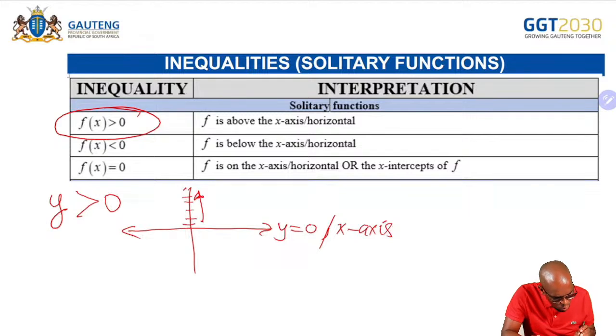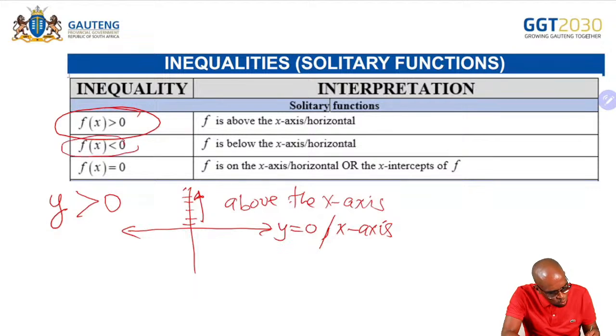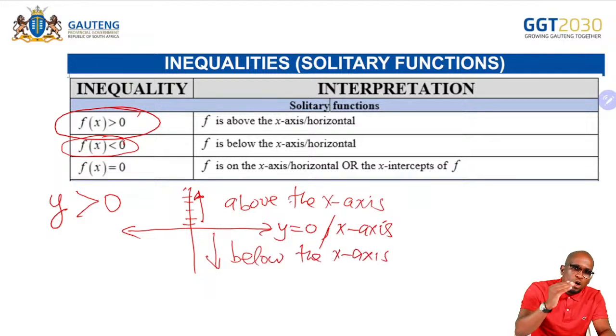So what is this region? It is the region above the x-axis. Where is y less than 0? It is the region below the x-axis.